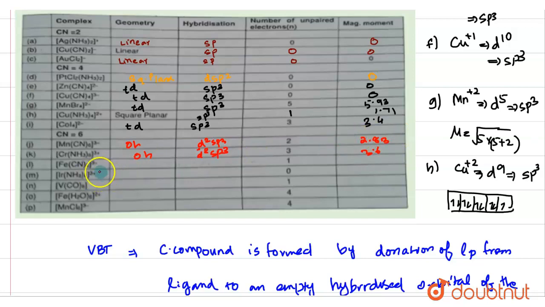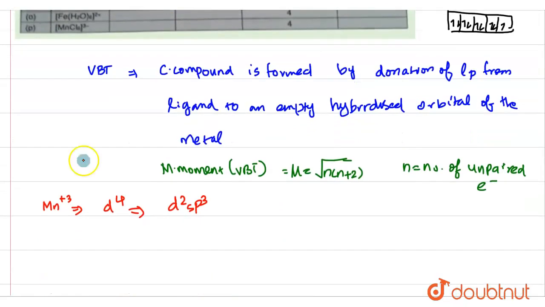Next is Fe(CN)6 3-. Again Fe(CN)6 3-, Fe is in +3 oxidation state. So it will be a d5 system, and we have been given there is only 1 unpaired electron. So the electronic configuration will be like this.